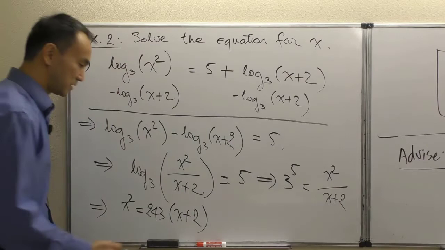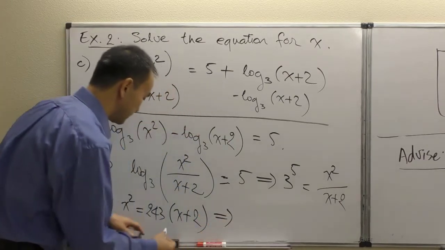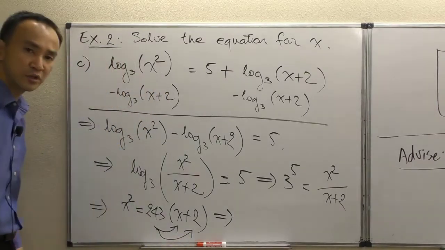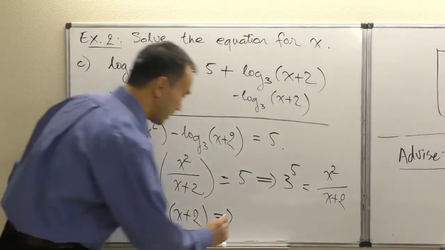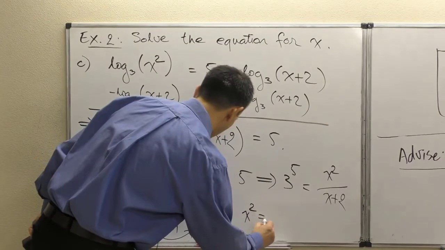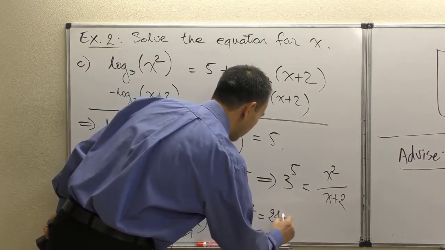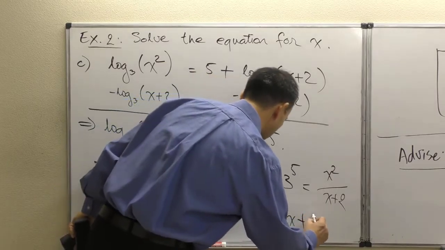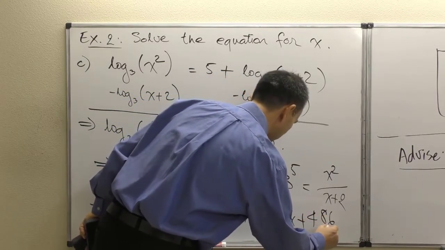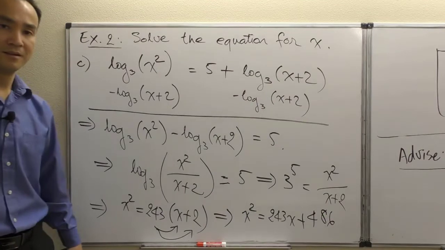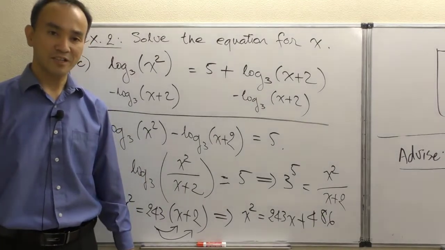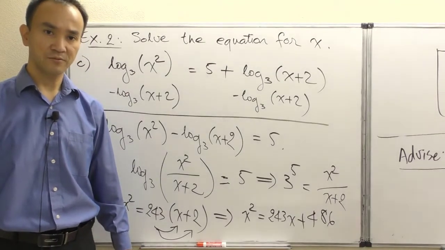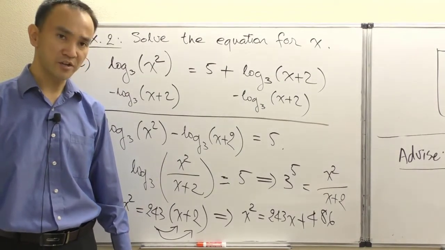And I can even rewrite it further by distributing that 243 on the right hand side. So I'm ending up with x squared equals 243x plus 486. We have brought ourselves into another quadratic equation.